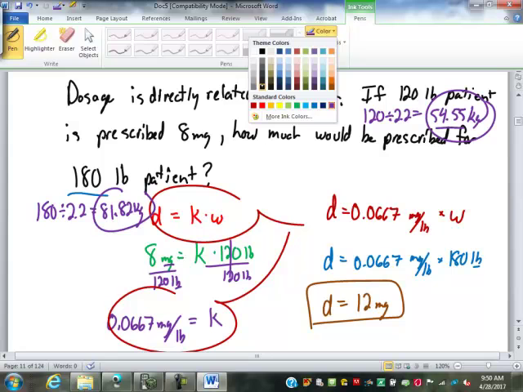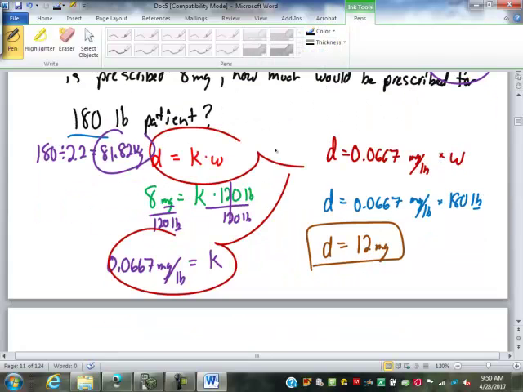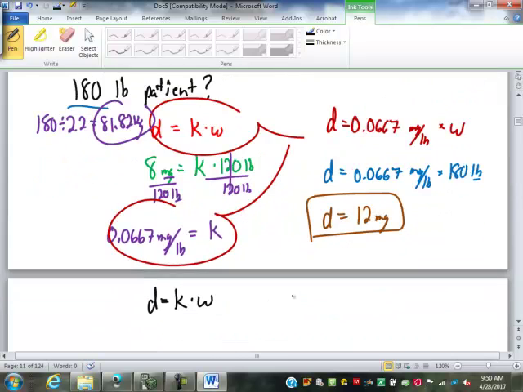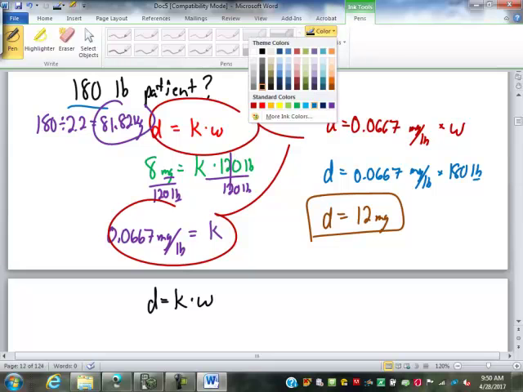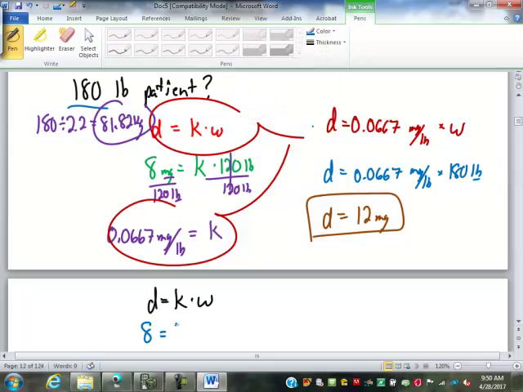So I could do the same problem. Dosage is equal to a constant times their weight. Eight milligrams is equal to a constant times 54.55.